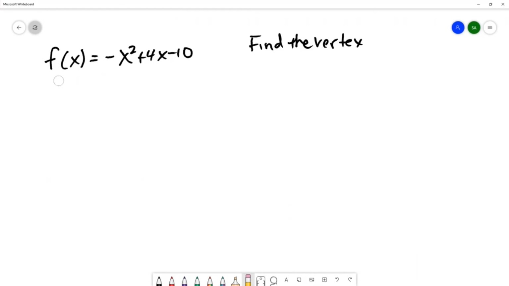In this example, we're given a quadratic function, f of x equals negative x squared plus 4x minus 10, and we want to find the vertex of this quadratic function. So there are two main ways for us to find the vertex of this parabola, and one is using the vertex formula.